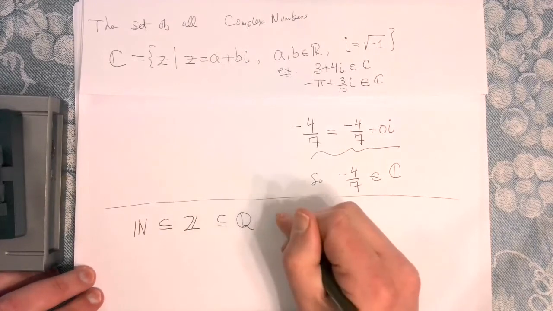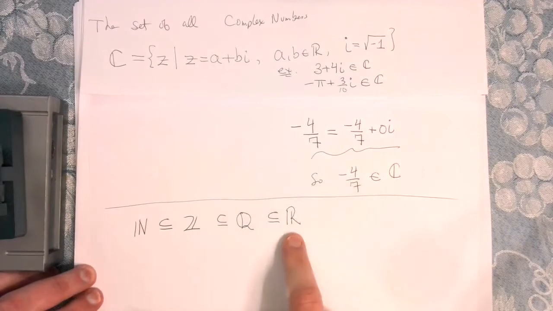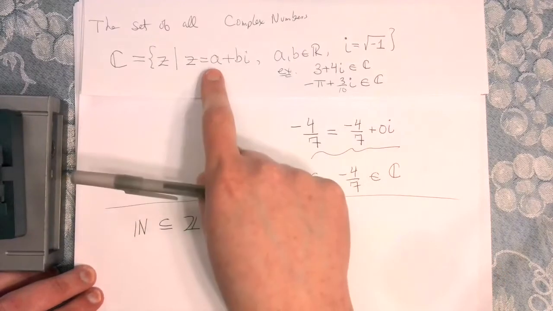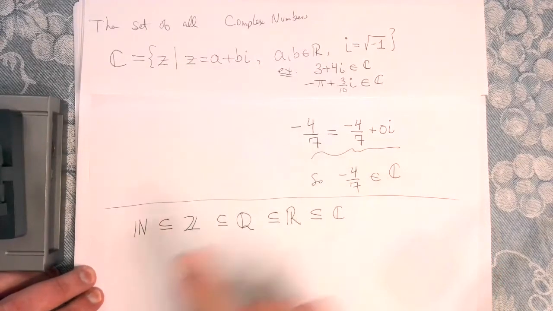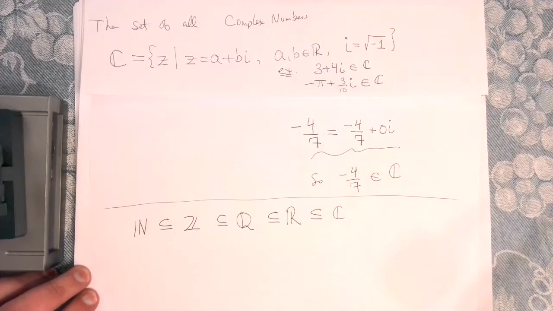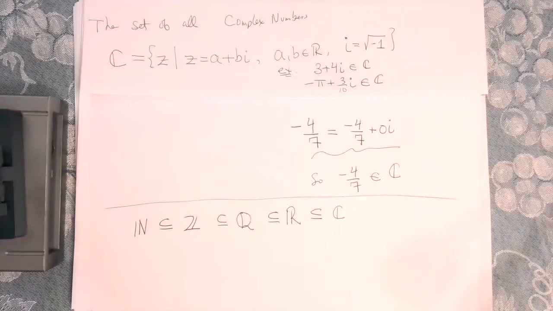But every rational number is a real number. And every real number, by this sort of argument of being able to write an a plus bi form, is a complex number, so we get this chain of subsets. So this lives inside of this, which lives inside of this, which lives inside of this, which lives inside of this.